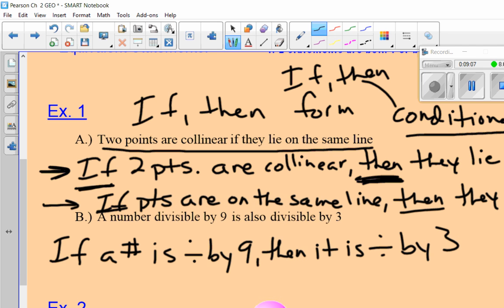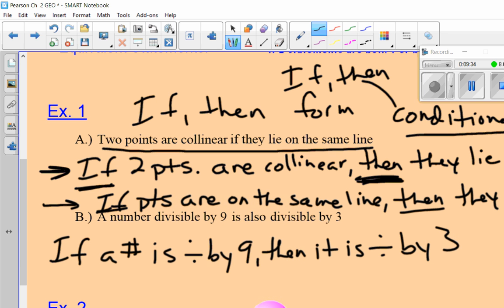So, if a number is divisible by 9, then it is also divisible by 3. Now let me say this: that's a true statement. If any number is divisible by 9, then it's divisible by 3. So 9 is divisible by 3, 18 is divisible by both 9 and 3, and so on.